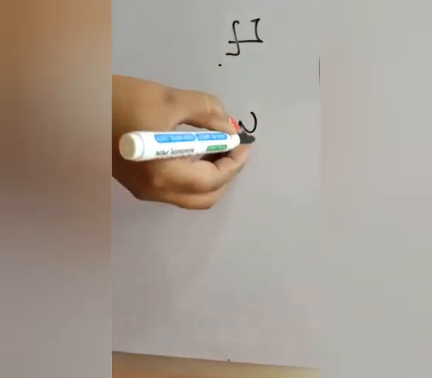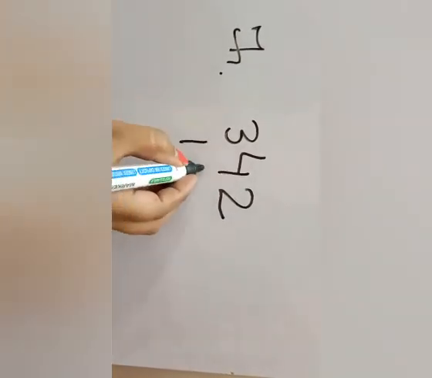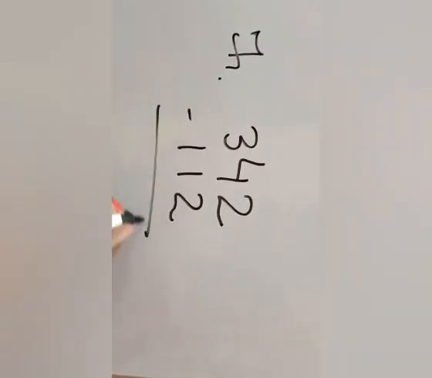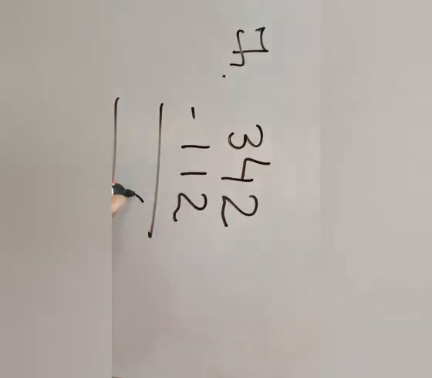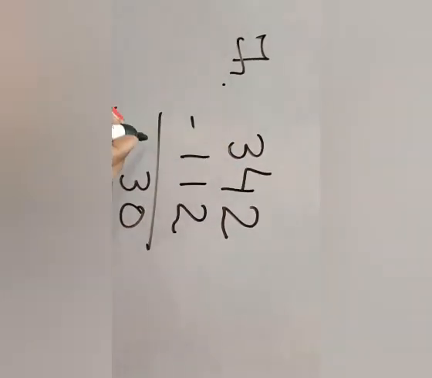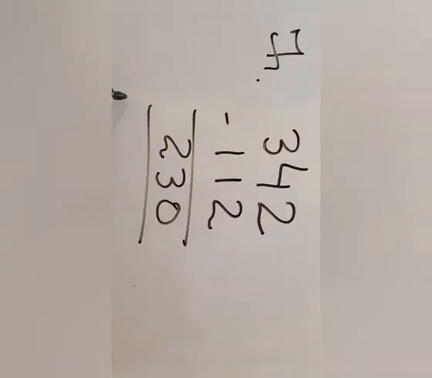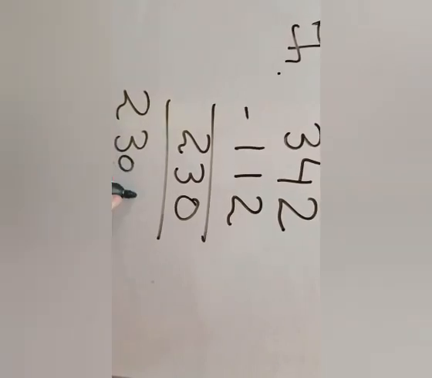Let's subtract. 342. We have to subtract 112 from this number. 2 from 2, 0. 1 from 4, the answer is 3. Subtract 1 from 3, the answer is 2. So, the answer is 230 cold drinks.